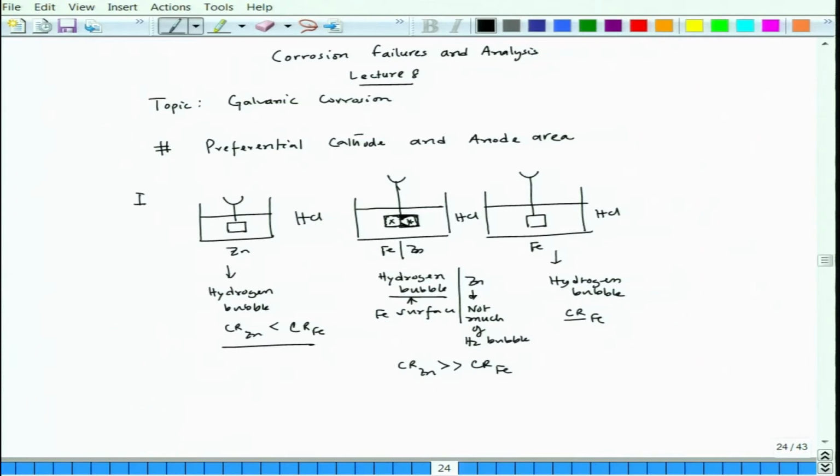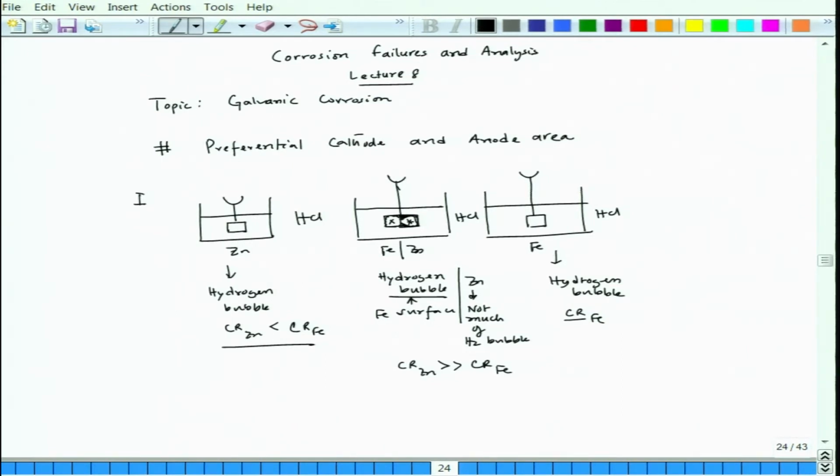The last observation we had is that initially the bubbles form on both surfaces, but gradually, rather quickly, you will see that bubbles form only on the iron surface, not on the zinc surface.